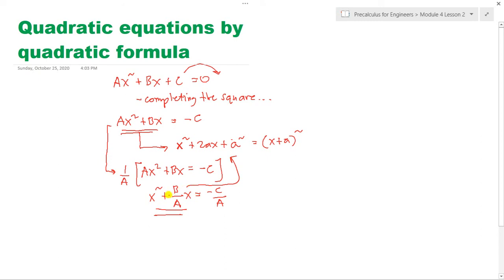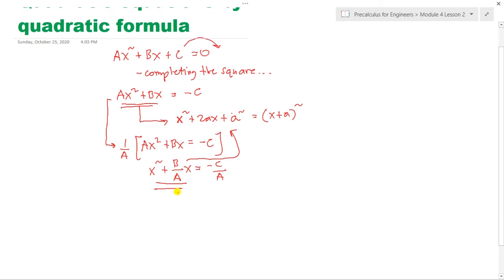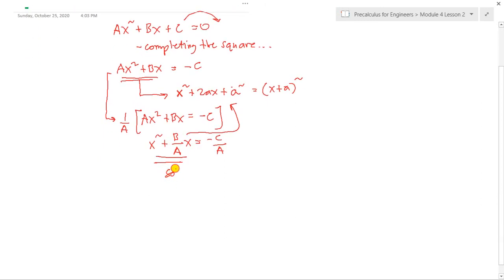So in order to make this a perfect square, we need to solve for the small letter a. So we need to make this incomplete expression equal to this perfect square trinomial. So equate the middle term. So we have here b over a x is equal to 2ax.